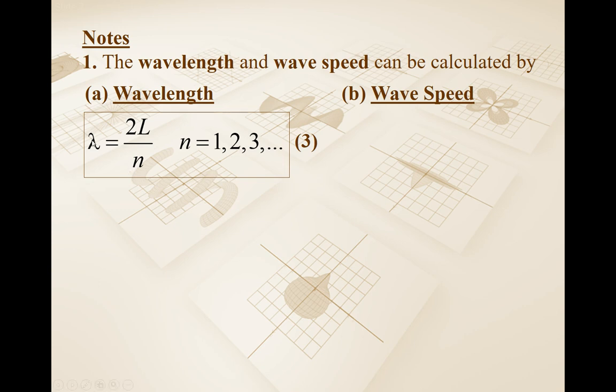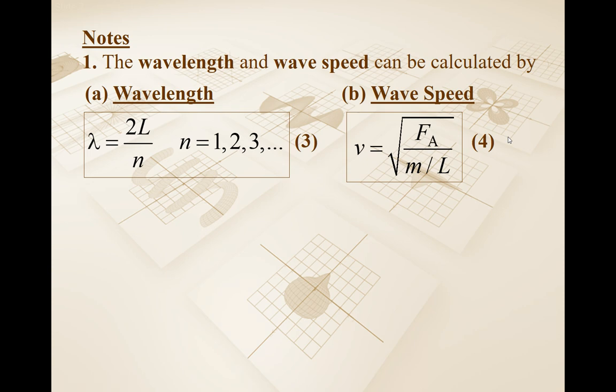To calculate the wavelength, lambda is equal to 2 times L divided by n, where n is 1, 2, 3, etc. The wave speed can be calculated by v is equal to the square root of FA divided by m over L. These are 2 equations that have boxed in numbers. You'll find them on the additional formula sheet, but not on the regular one.